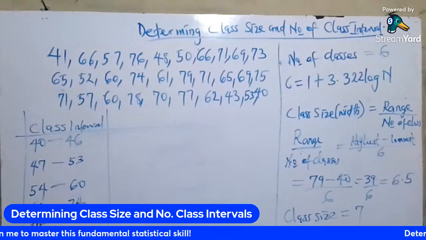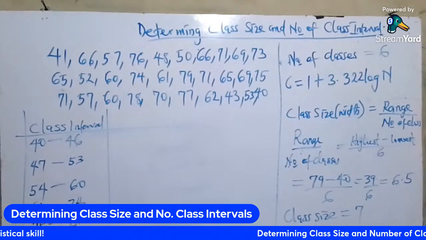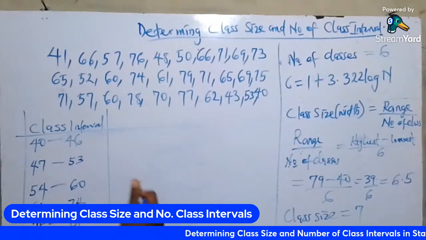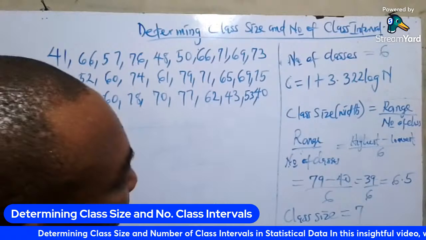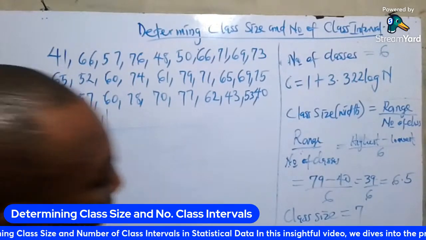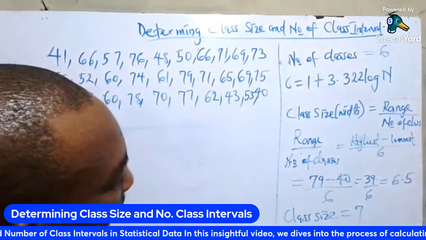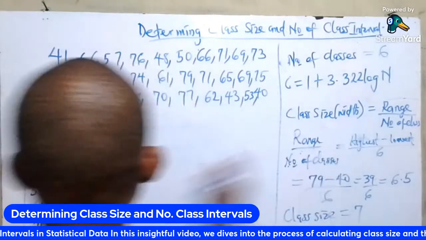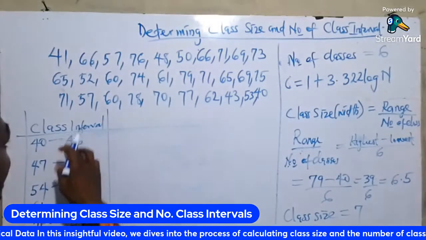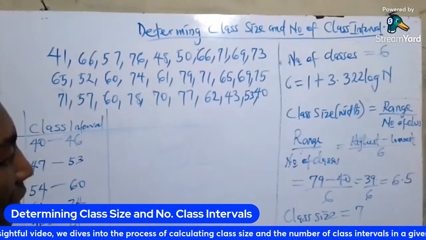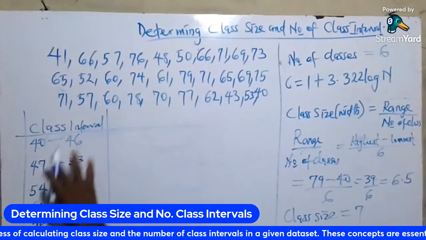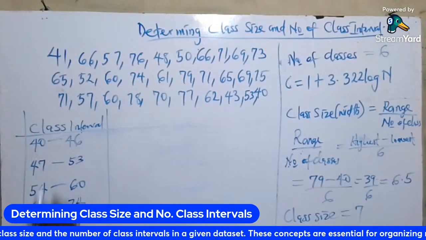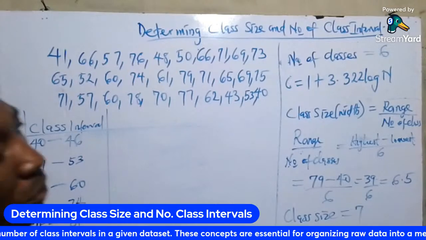Take one away from this. Then add 7 to this: 82, 83, 84, 85, 86, 87. So that is 87. That is the number of classes you are to have. Can we see that now? So you already have your class interval.